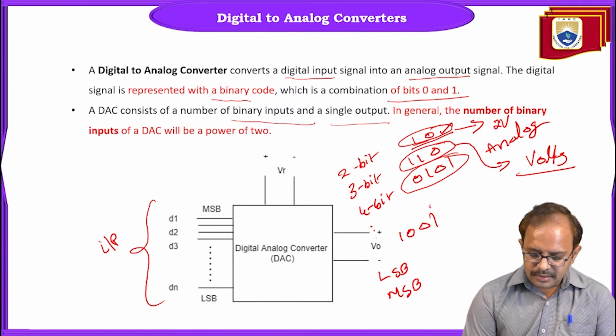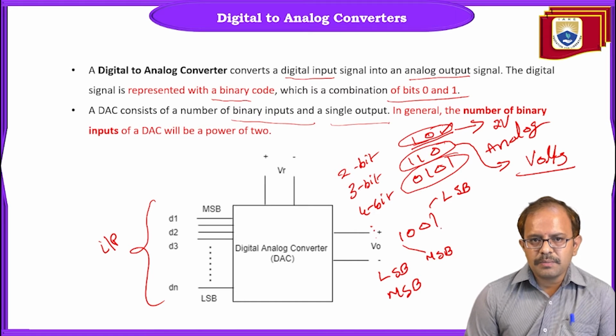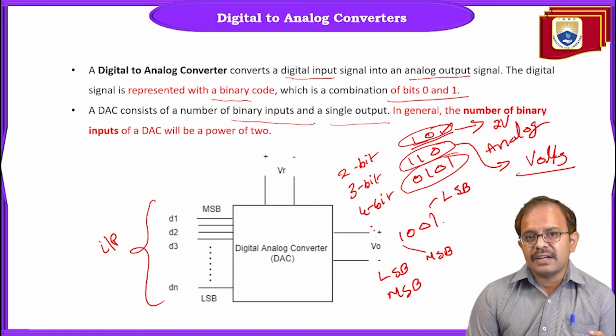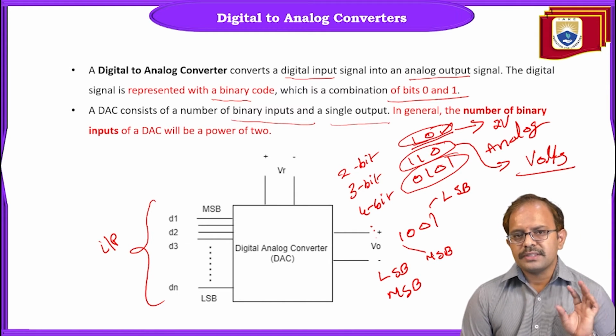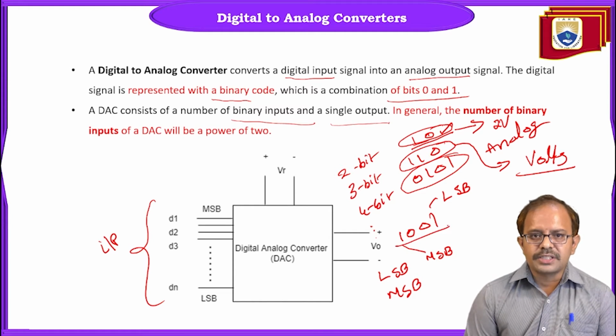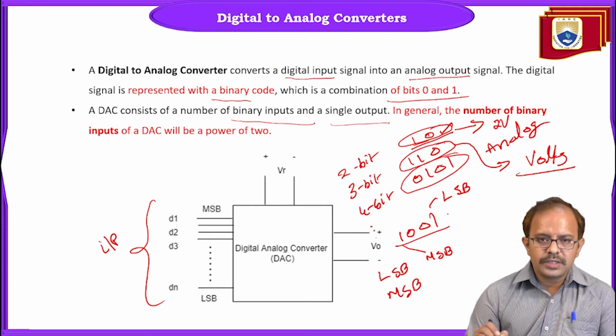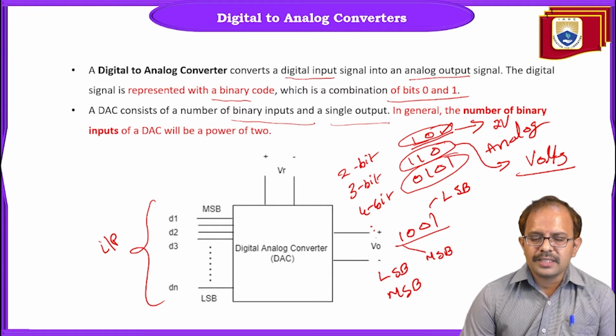For instance, this I am going to represent as the LSB, and this as the MSB. LSB is nothing but the least significant bit of the data represented. For the given data, this we will consider as the least significant bit, and this will be considered as the most significant bit. So we need to specify the LSB as well as the MSB.